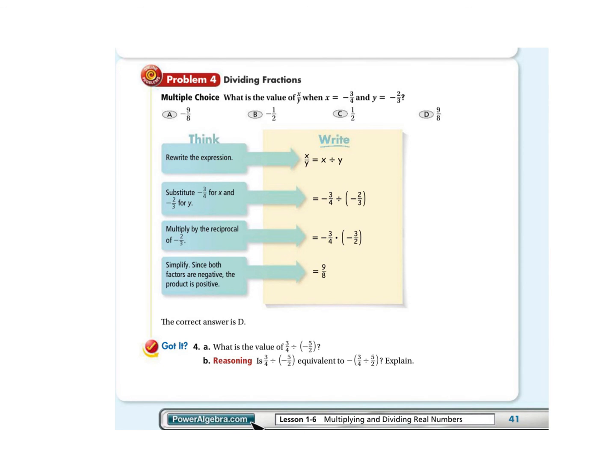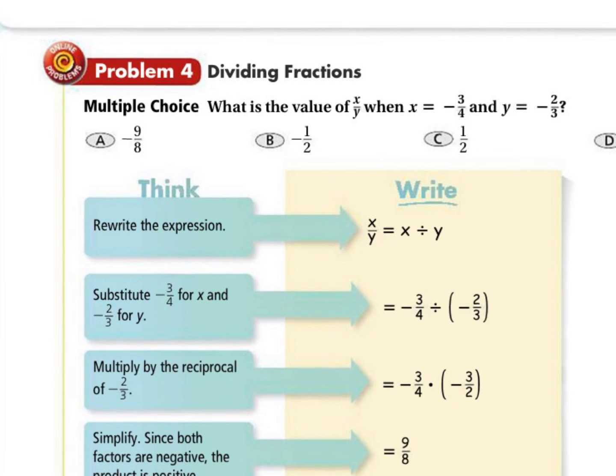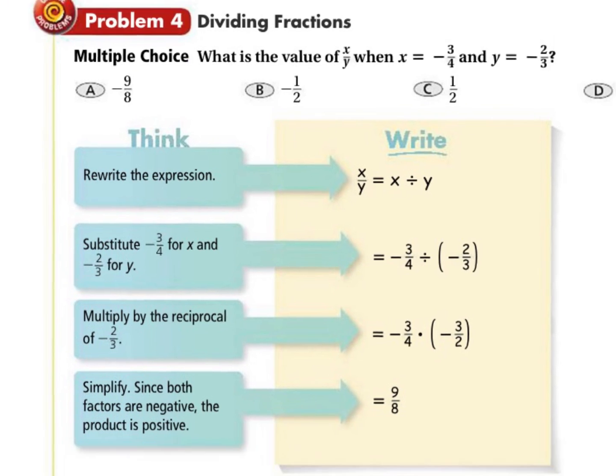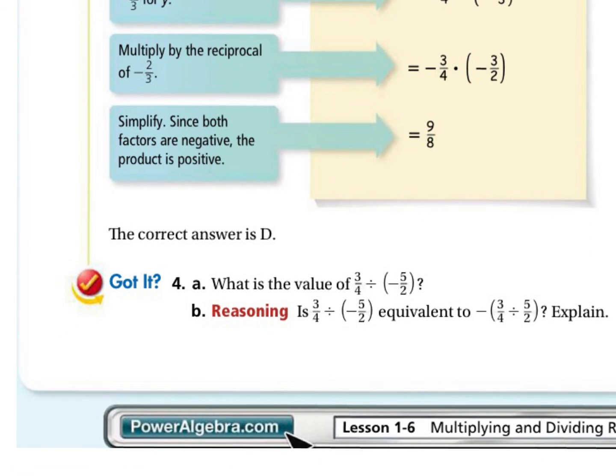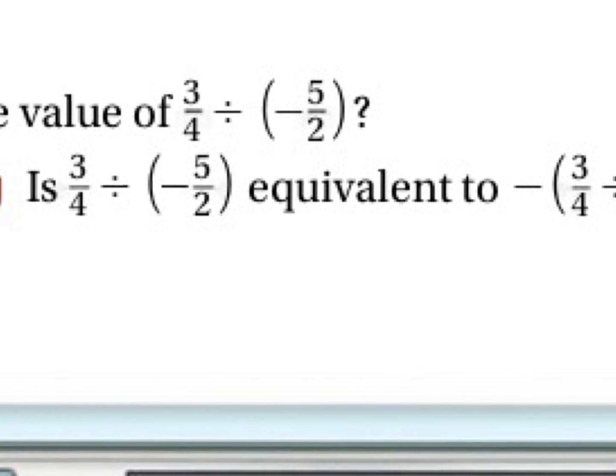Also, if we have improper fractions, you need to change those to mixed numbers. Then keep, change, reciprocal. Problem 4 is basically the same idea, only with variables. So they rewrote the problem, they wrote it sideways, and then keep, change, reciprocal, and then they worked that out. So if you look at the got it, we can do keep, change, reciprocal.